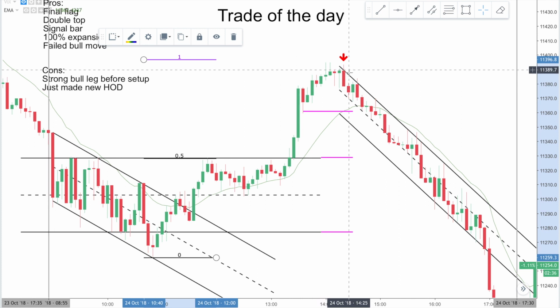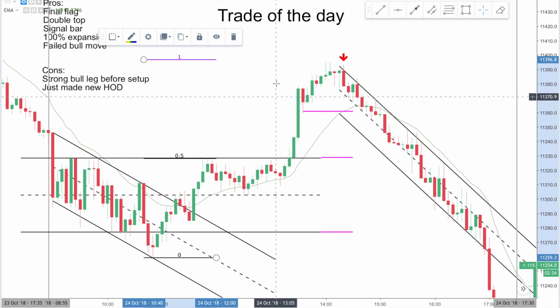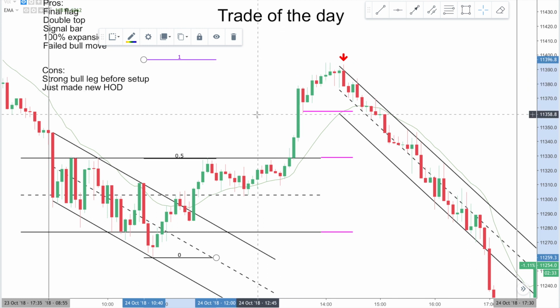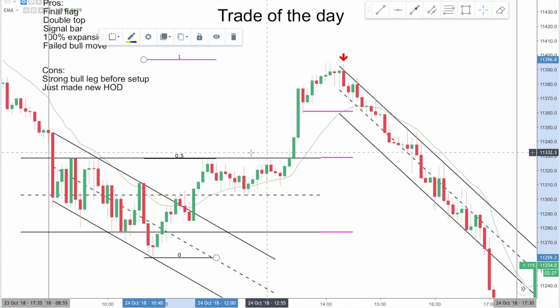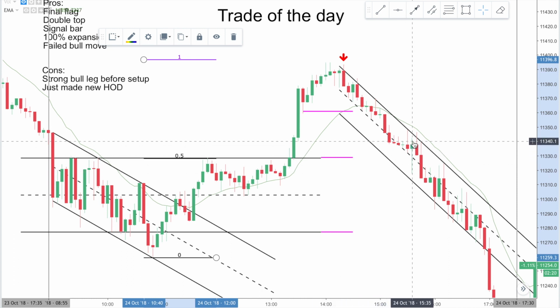You have the double top, you have the nice signal bar, you have the 100% expansion move, you have the failed bull move right here. What I was thinking is breakout pullback to test this prior resistance area up here as new support. And look, price bounced down here as well. So others than me saw this as a potential profit management, trade management area down here.